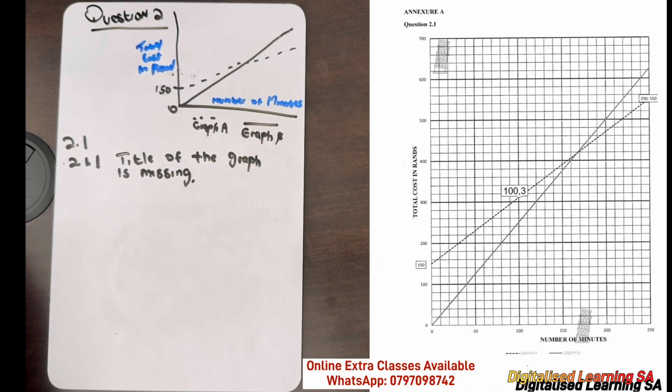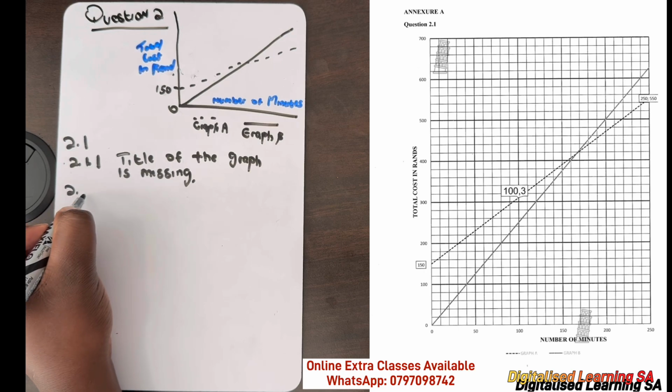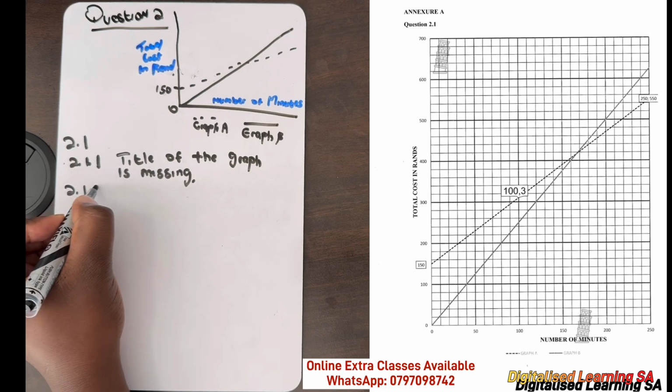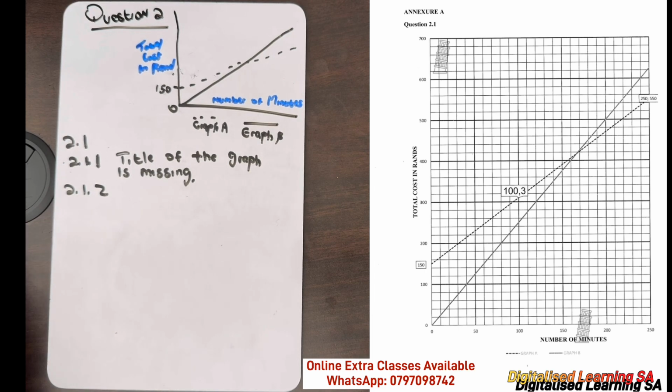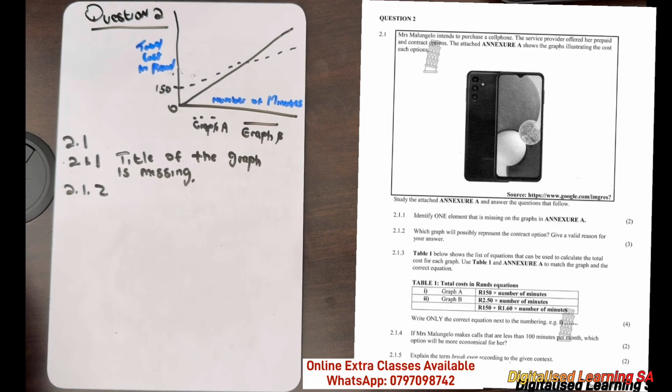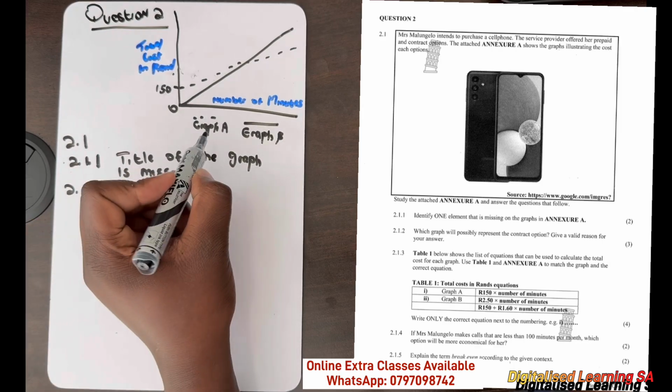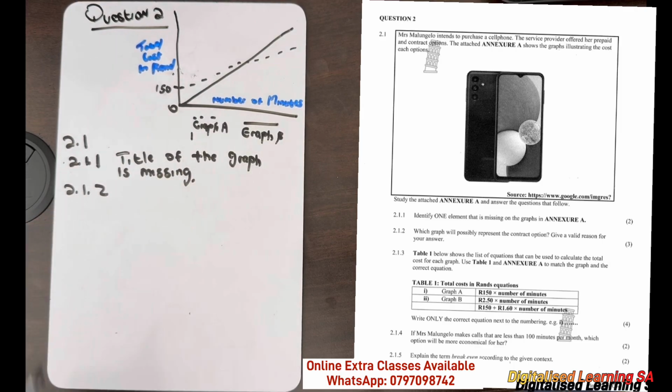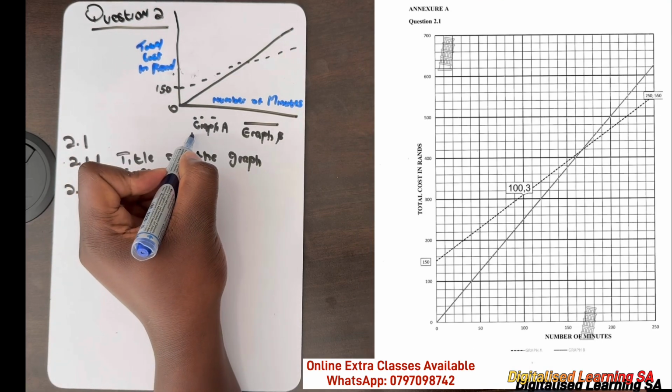Now let's move to question 2.1.2. Question 2.1.2 says which graph will possibly represent the contract option? Give a valid reason for your answer. I do have the graphs here on my board, and on the right hand side I have attached the graph.